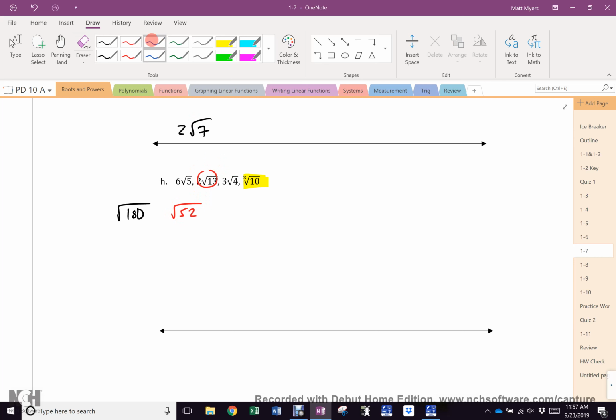What's this one going to be? Root 36. And then we're stuck with the cube root of 10. But we're intelligent young people. What is the cube root of 10 very close to? Not 9. It's very close to 2.